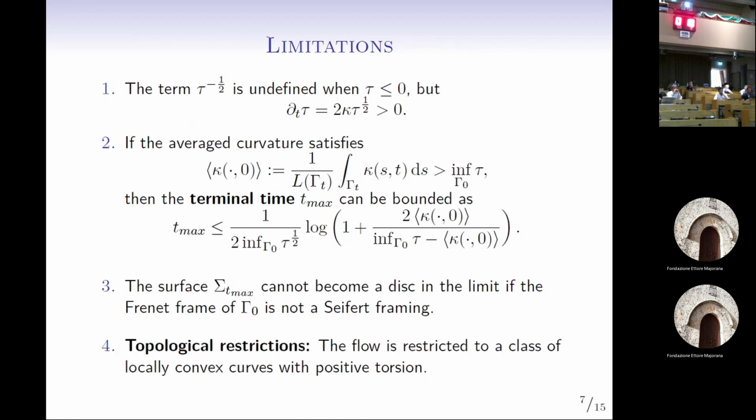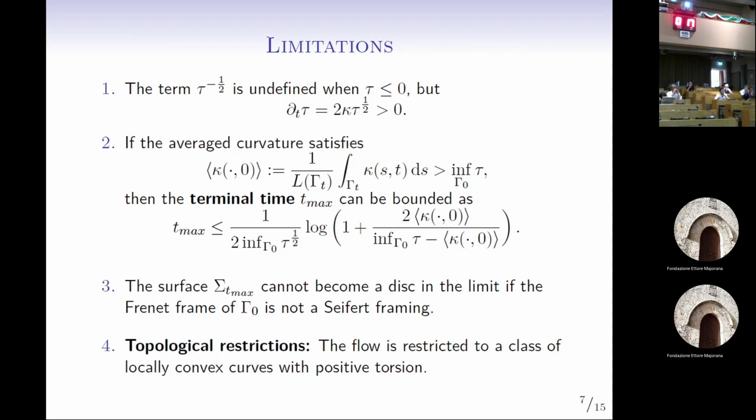But there are some problems. The first very simple problem that you may see is that the right-hand side of the motion law is sometimes undefined. But in this case, this is actually partially solved because the evolution equations of the torsion make it so that the torsion is increasing at all times.